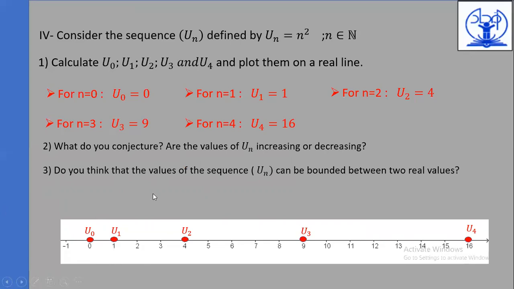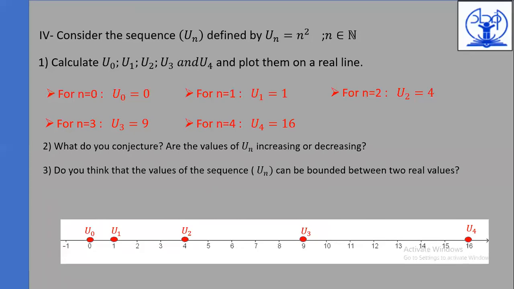Do you think that the values of the sequence can be bounded between two real values? Actually, you can find what we call a lower bound. No values are less than 0, but you cannot put an upper bound. If you say 1 million, at a certain level, the sequence will cross this 1 million. So this sequence cannot be bounded above. It can be bounded below by 0. So as one statement, this sequence is not bounded.